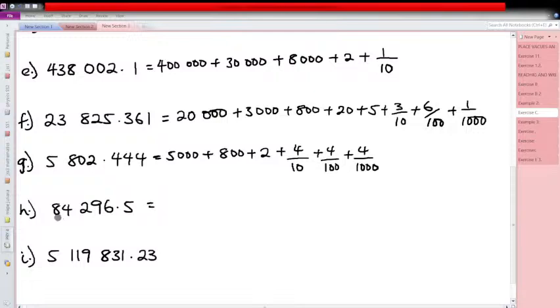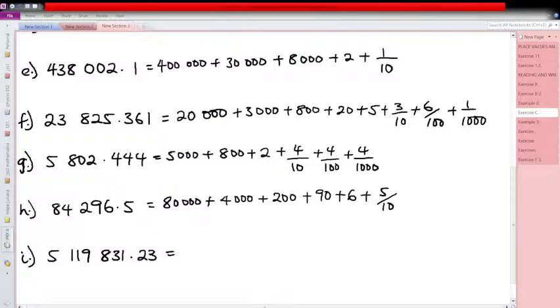H, this is 84,296.5. So you have 80,000 plus 4,000 plus 200 plus 90 plus 6. I'm done with the whole number part. Then plus 5 over 10.